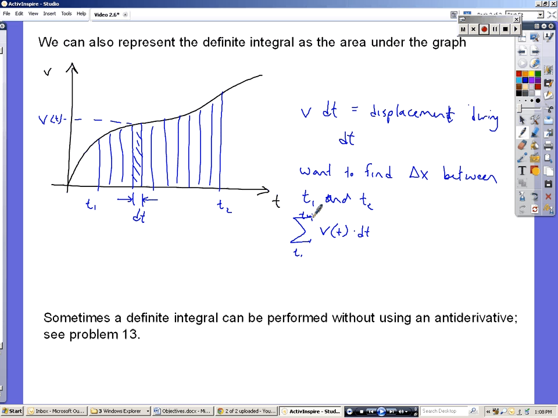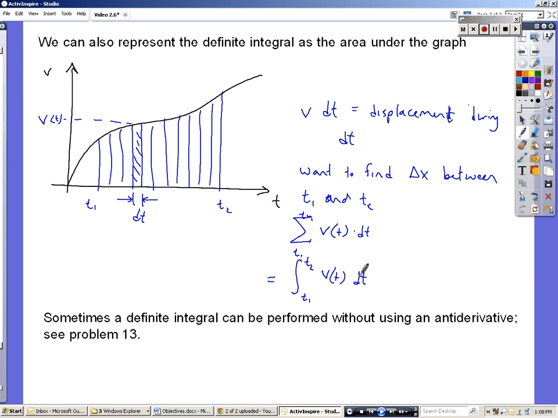Well, as dt gets closer and closer to 0, this just becomes an integral. The integral from t1 to t2 of v of t dt. So if you have a graph of a function v, you don't necessarily need to use an antiderivative to find the area. You could just find the area the way you did last year by counting the squares or doing some geometry or something like that.